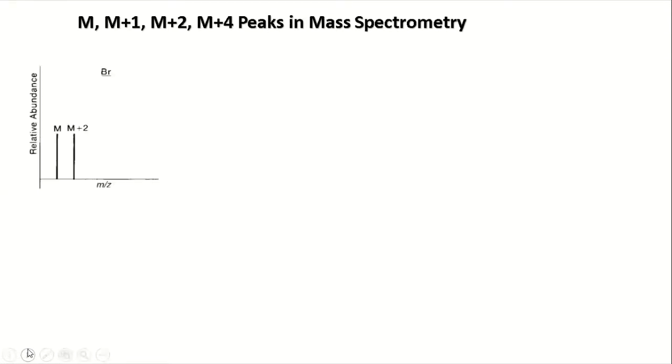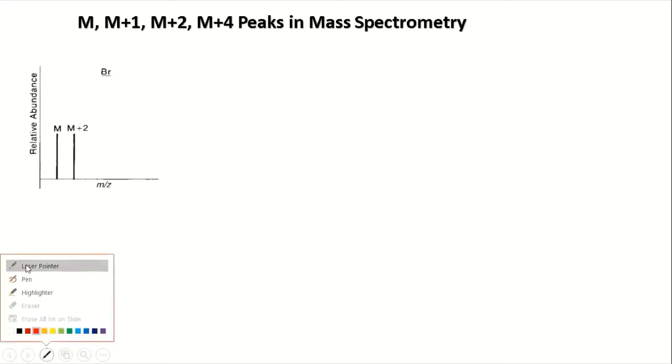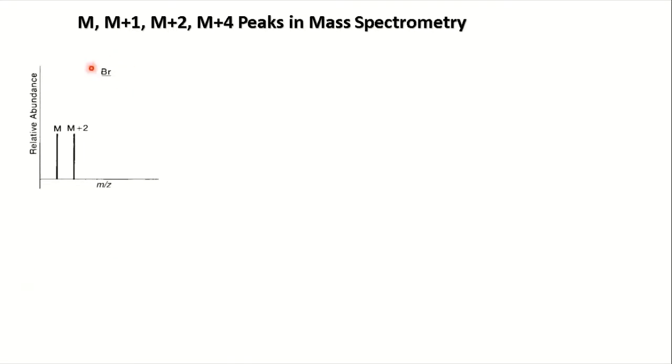Now let us look at it in the simplest way. If you consider just bromine, suppose you have generated a Br plus. How is that Br plus going to project in the mass spectrum? In the list, we have seen that bromine has two isotopes, 79 and 81, right?